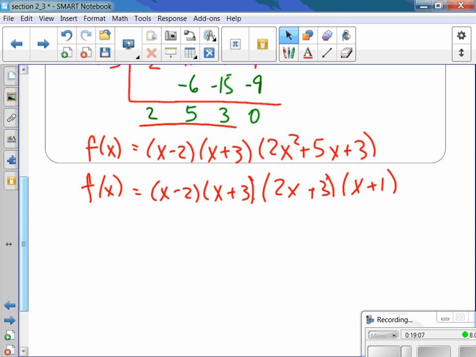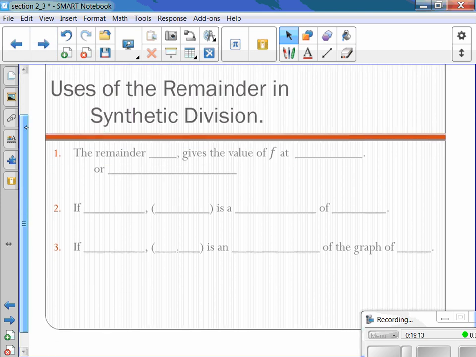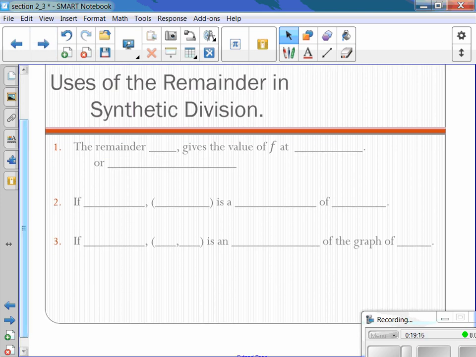Again, breaking on down as far as using the remainder in synthetic division. Our remainder r gives us the value of f at x equals k. Again, our remainder is just f of k. Using our synthetic division, we know what that value is.